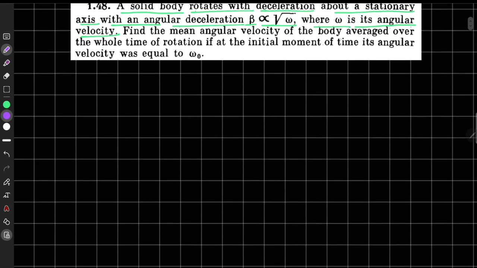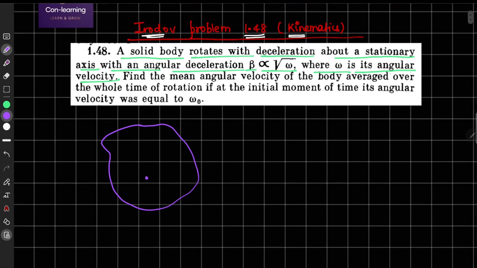Let us say this is a solid body which is rotating about an axis passing through this particular point with an angular deceleration given as beta directly proportional to root of omega.